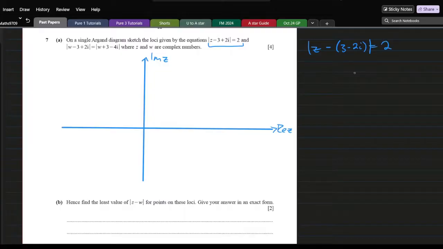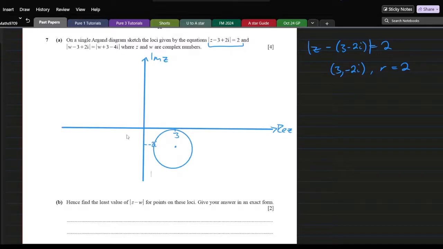So what this means is that we want a circle with the center 3, -2i and a radius of 2 units. Okay, so our circle should have the center 3, -2i, so let's say that somewhere here, and our center would be right there, and this is a circle.